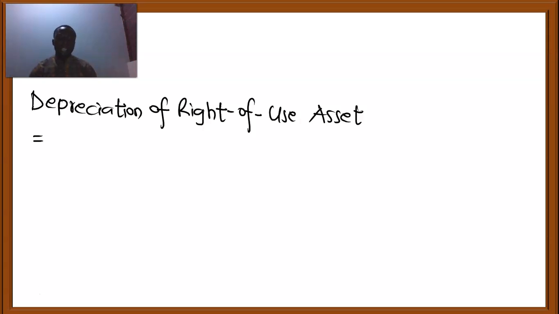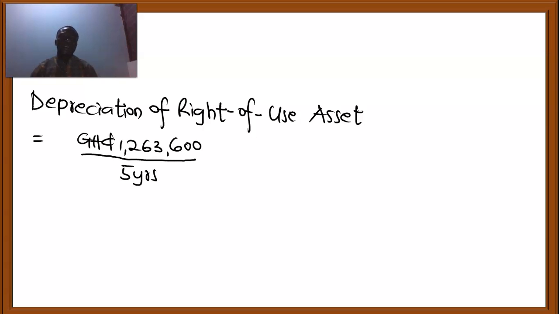We recognize an amount of 1,263,600 in respect of the right of use asset, and we are told the lease is for 5 years. So the annual depreciation charge is going to be 252,720. This is the annual depreciation charge.